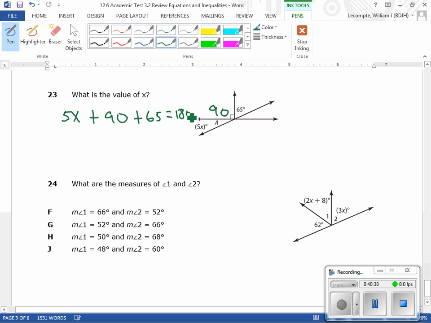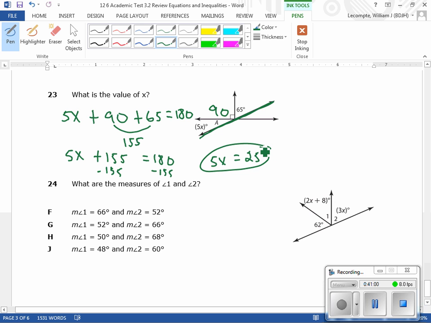And then I take 155 away from each side, and I get 5x is equal to 25. Well, that's what I'm looking for, right? I'm actually looking for angle A, which is 25. But in this instance, I need to find out exactly what x is. So I'm going to divide both sides by 5, and I get x is equal to 5.